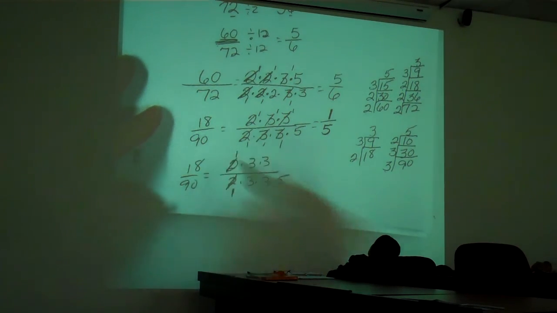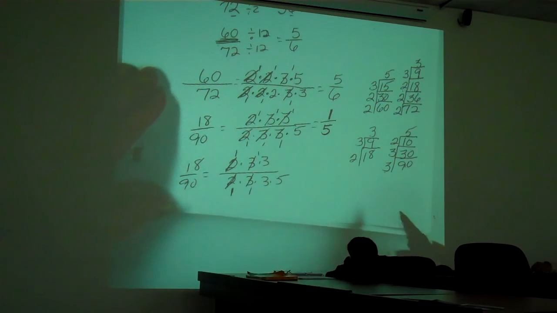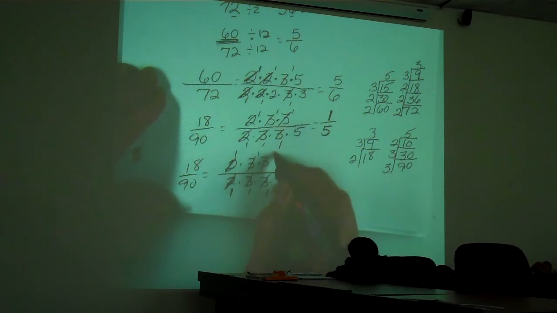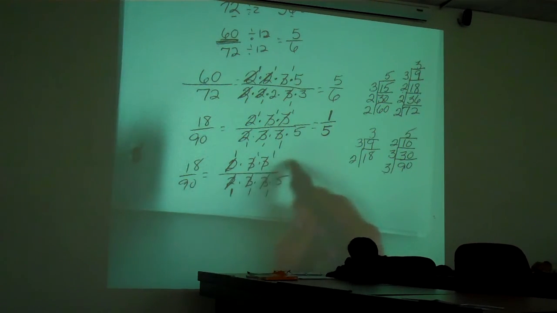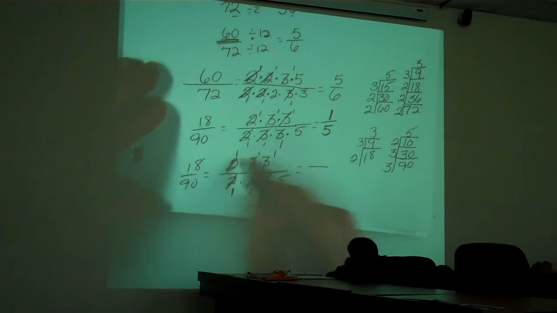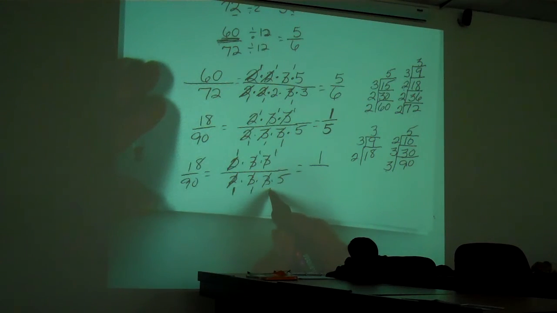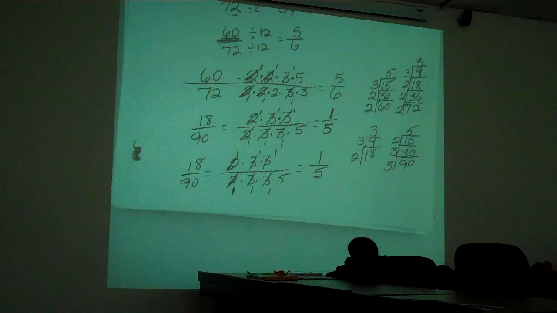Divide by 3, divide by 3. There's nothing else that we could divide, so we're done. 1 times 1 times 1 is 1. 1 times 1 times 5 is 5.